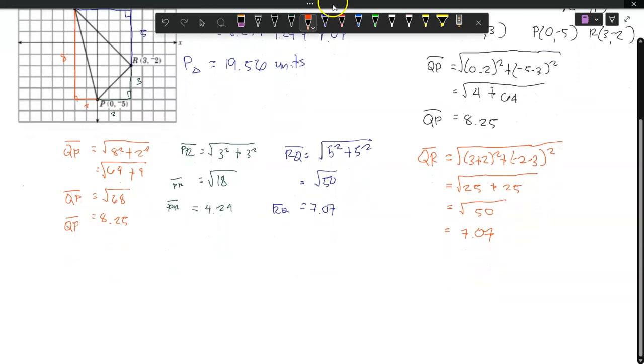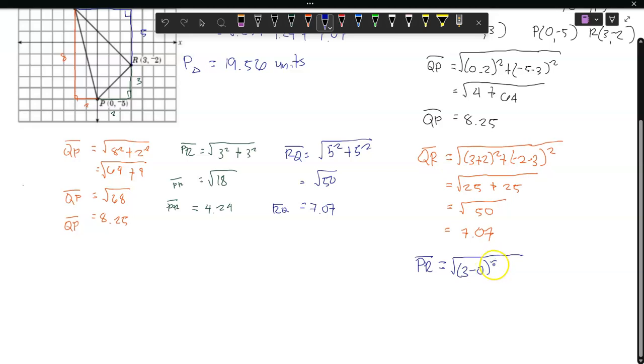And then the last one, I'm going to do PR. So segment PR is equal to the square root of 3 minus 0, squared, plus negative 2 plus 5, squared.